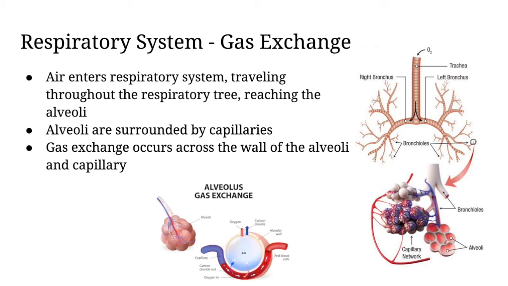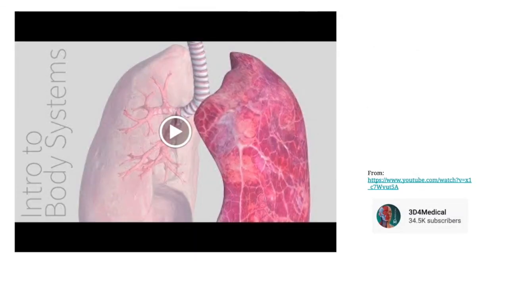You're only using some of the oxygen that you're breathing in. When you breathe out, you're breathing out the extra oxygen that you didn't use, you're breathing out the nitrogen gas again, and you're breathing out more carbon dioxide because that's being returned to your lungs from your body to get rid of. So again, we're just going to watch a short video so you can see some of these parts, and then that will wrap up the respiratory system for today.